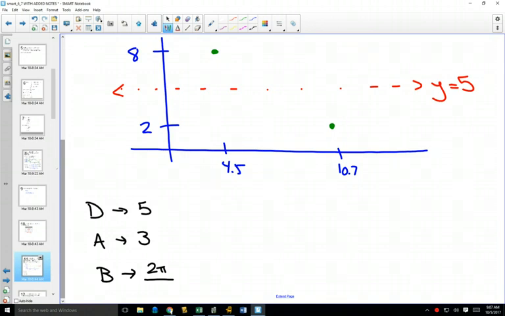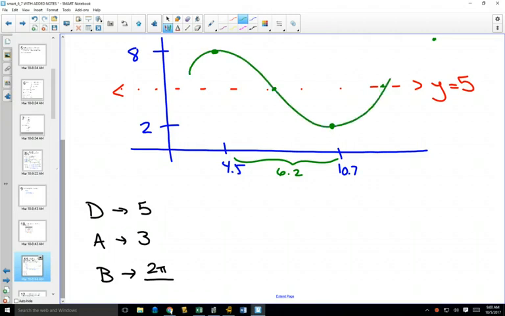So we know between these two, how far is this? How many hours? 6.2 hours. Okay. 6.2 hours from that point to that point. And it would do the same thing, right? It would double because of how it's symmetrical. I mean, right now we could sort of start drawing things up of what it's going to look like.